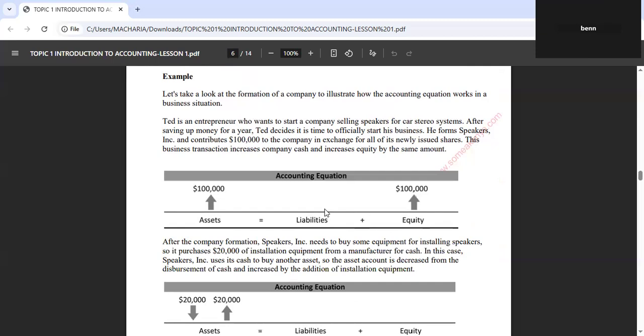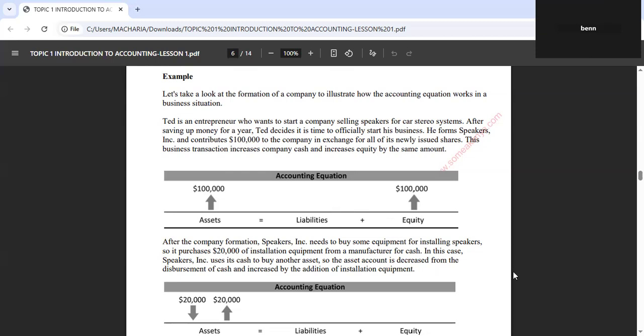After the company formation, Speakerline needs to buy some equipment for installing speakers. So it purchases $20,000 of installation equipment from a manufacturer for cash. In this case, Speakerline uses its cash to buy another asset, so the asset account is decreased from disbursement of cash and increased by the addition of installation speakers.